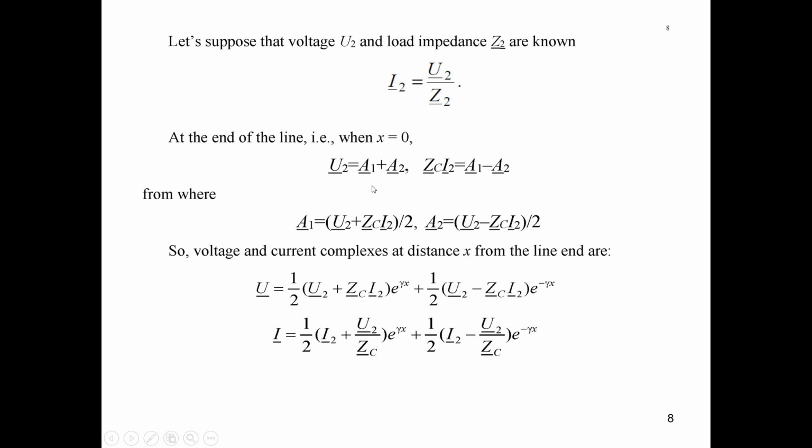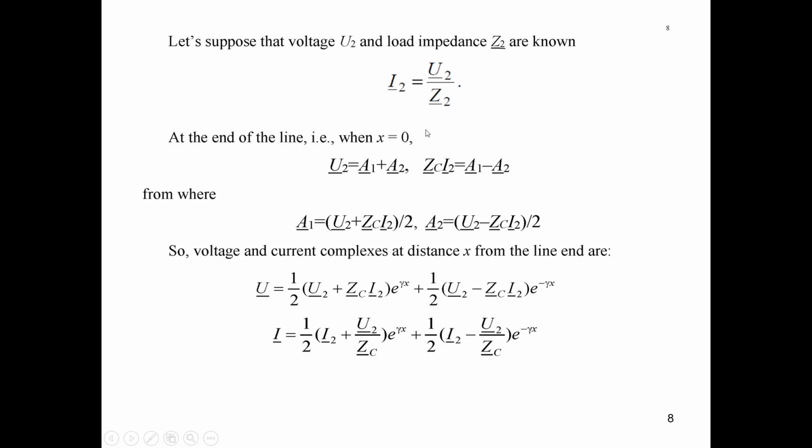And when we subtract the second equation from the first, we have A2 equal to U2 minus ZC I2 over 2. So we can write down both voltage drop and current through these integration constants, substituting the known U2 and I2, current and voltage at the end of this transmission line.